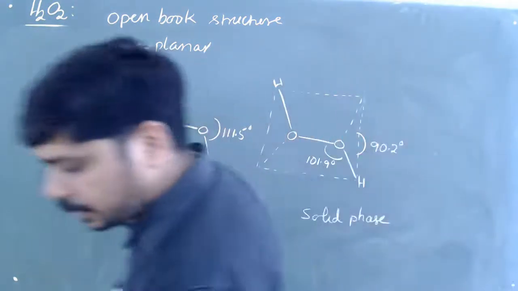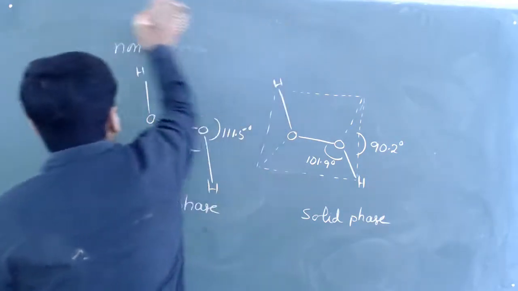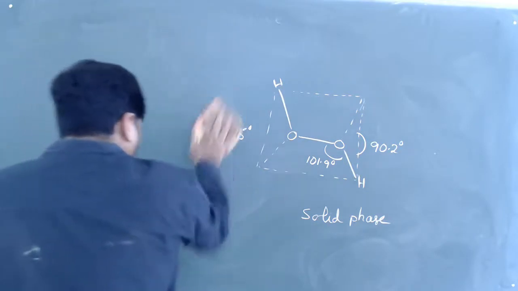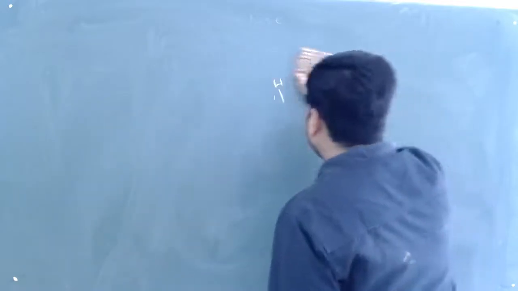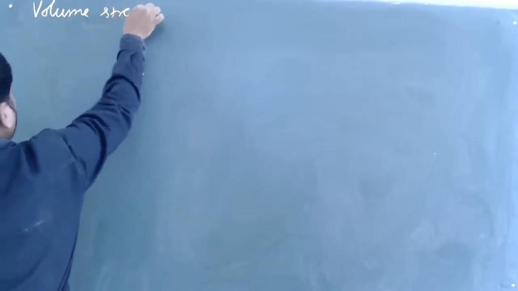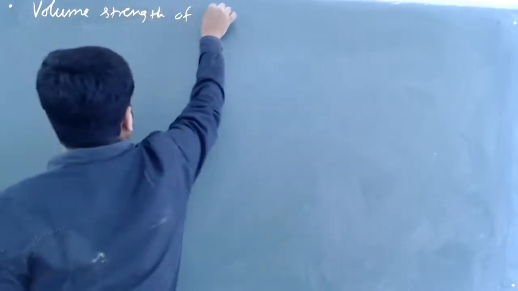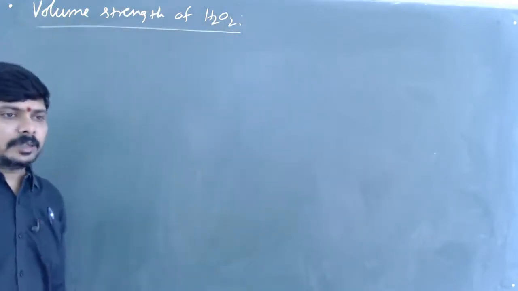And the next one is the strength of hydrogen peroxide, volume strength. It was already explained in some basic concepts of chemistry. I am just going to give a summary of volume strength. For calculations based on volume strength, what are the numericals on volume strength of hydrogen peroxide?